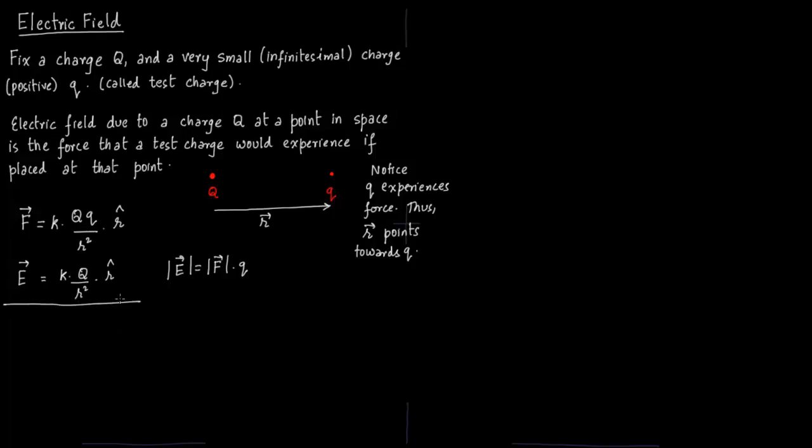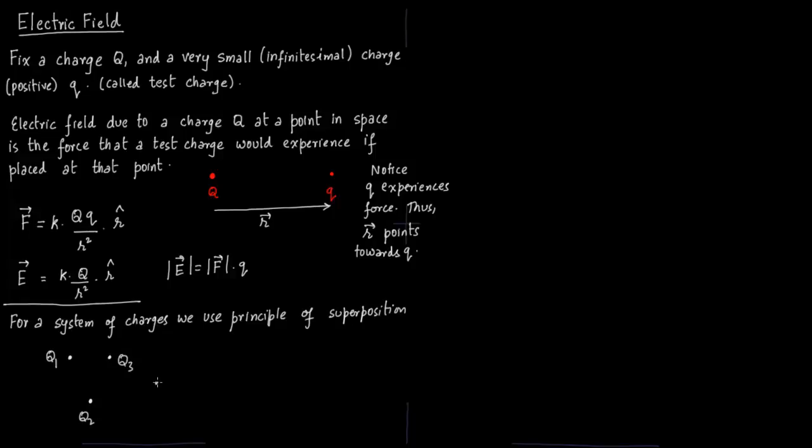Now let us talk about a system of charges. So say you have a system of charges. In that case, we use the principle of superposition to find the electric field. So just like the force, now we are trying to find the electric field generated by a bunch of charges.